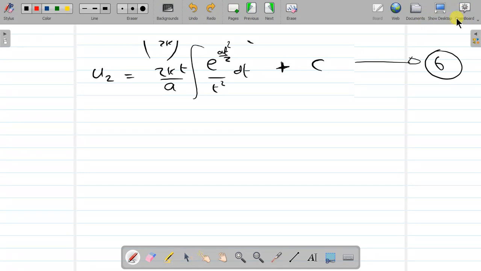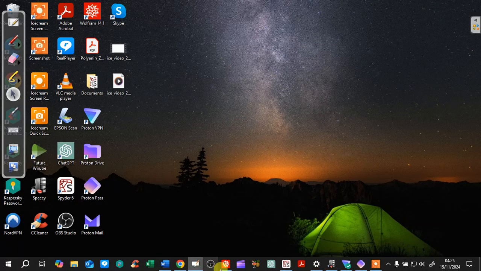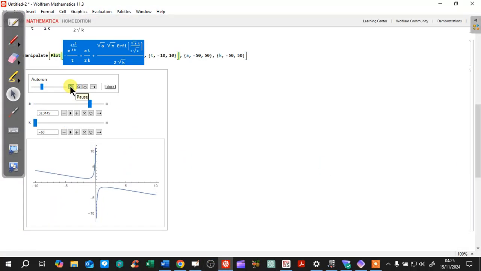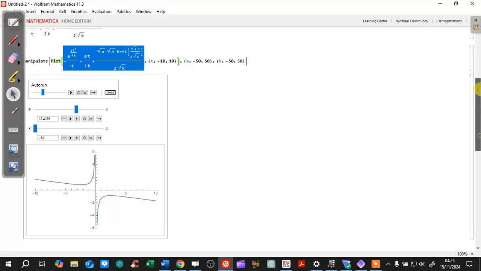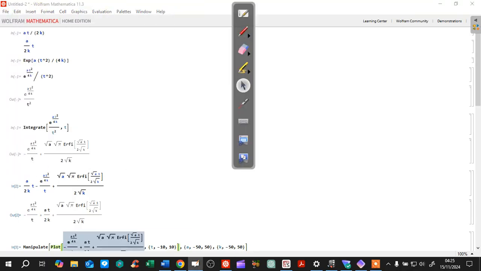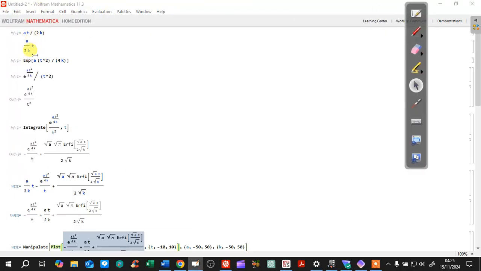So if I just show desktop and go to Mathematica, let's just pause that. You've actually seen sort of what I was expecting to get. So did I say that was a t squared divided by 2?